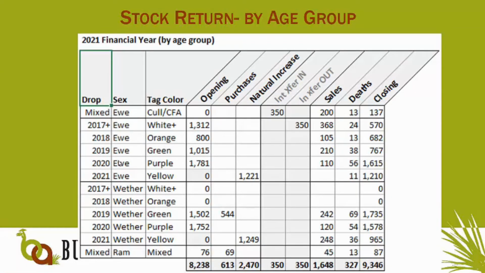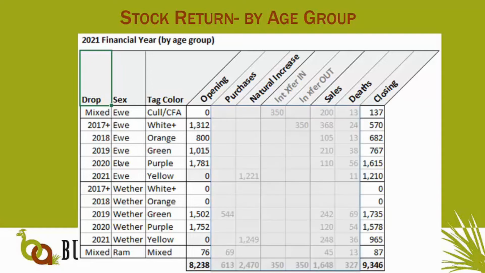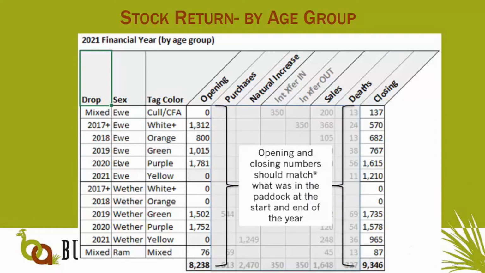So a couple of things to keep in mind is that the opening and closing numbers should match as close as possible. I know that getting 100% clean musters happens very rarely, and that you don't always do a muster on 30 June or the 31st of December, so you've got to go from your last known record, but as much as possible it should match what was in the paddock at the start and the end of the year.